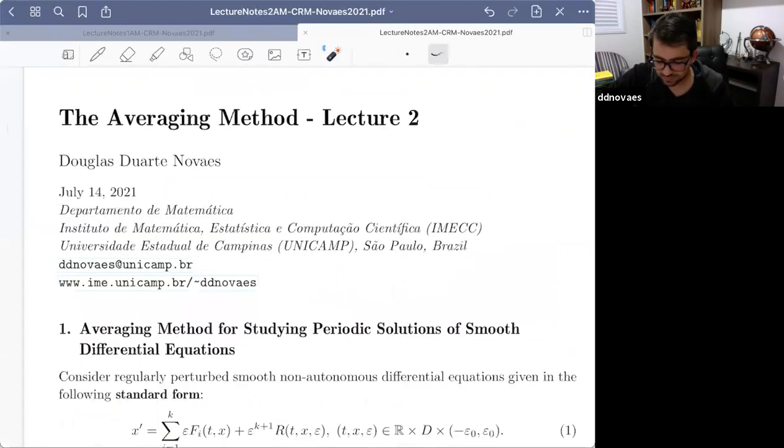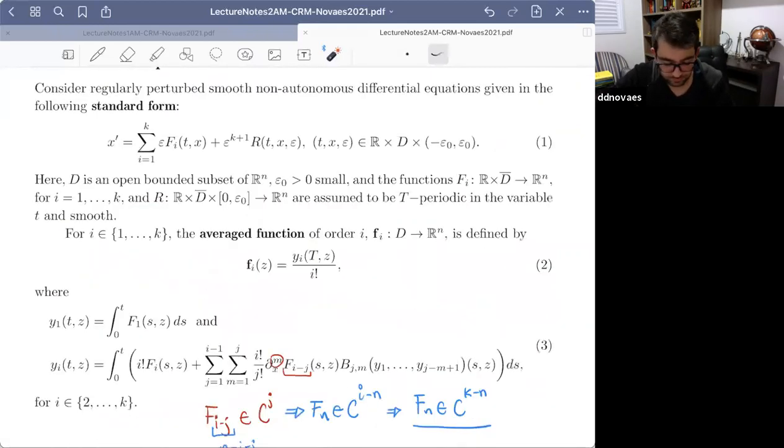Each one of the perturbations has some regularity, but the differential equation itself is continuous and locally Lipschitz in the second variable, because I'm allowing this less regularity assumption for the remainder.